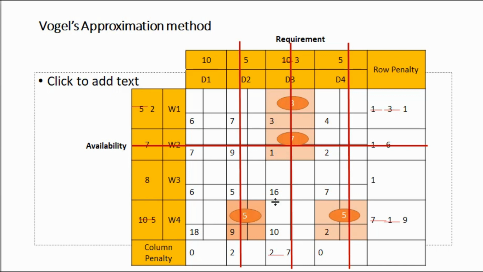Now here what we do is, we do not cancel both the row as well as the column, we cancel any one of them. Either the D2 column is deleted or W4 is to be deleted. So we delete, let us say, the D2 column, and we are left with W4 not cancelled.